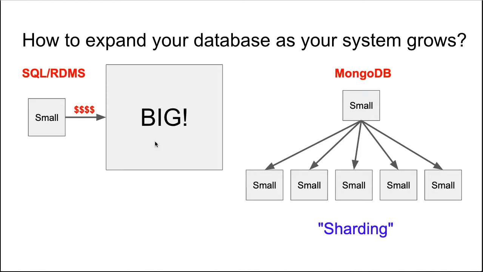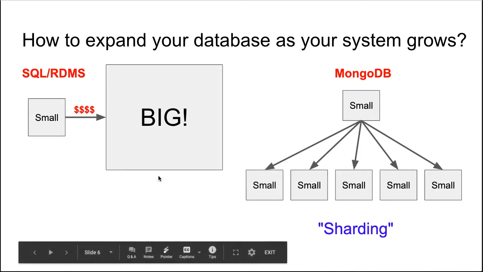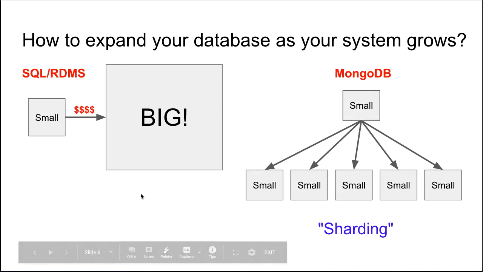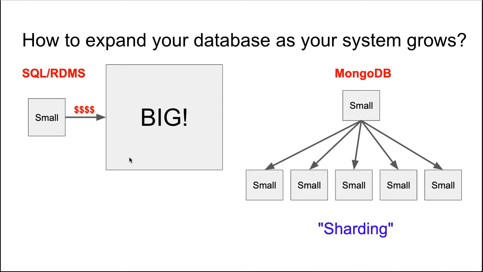Like the way that Amazon Web Services and Google and stuff do it is they make a giant virtual machine that might actually be running on several smaller machines in the background. But it looks to us like it has 100 CPUs and 128 gigabytes of RAM and 100 terabytes of disk space and blah, blah, blah, blah. So it looks really big and it costs a lot of money, right?